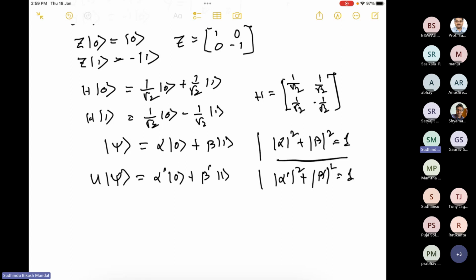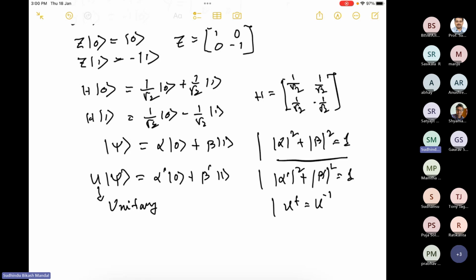So what will be the operator? From your linear algebra course or the first or second lecture, I think you have heard the type of this operator. This operator should be unitary in nature. And what is the meaning of unitary? All of you know, U dagger should be equal to U inverse.